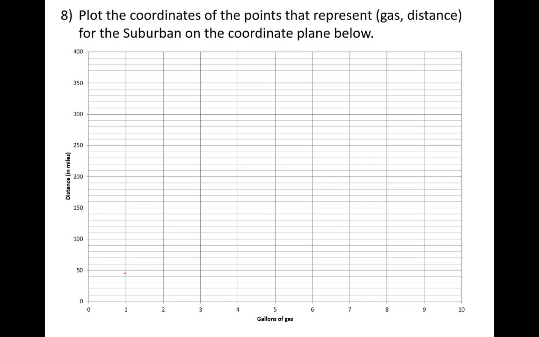So 1 gallon of gas is 21 miles. 2 gallons of gas was 42. 3 was 63, and we're kind of having to estimate a little bit. 4, of course, was 84. 5 was, whoops, sorry about that, I got this a little mixed up. 5 was 105. 6 times 21 was 126.